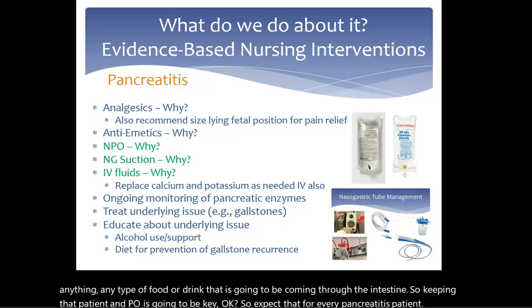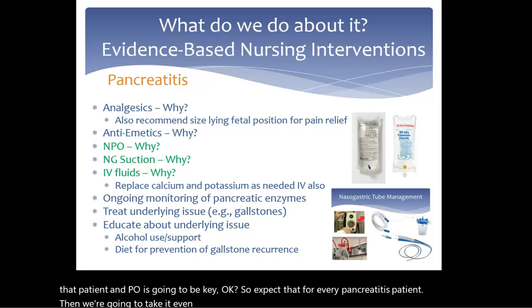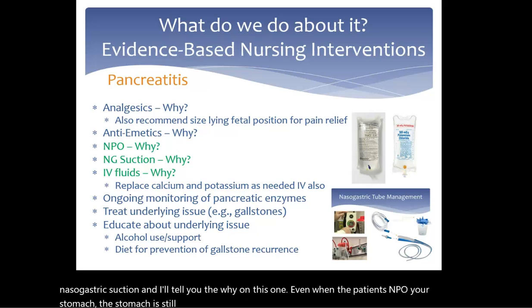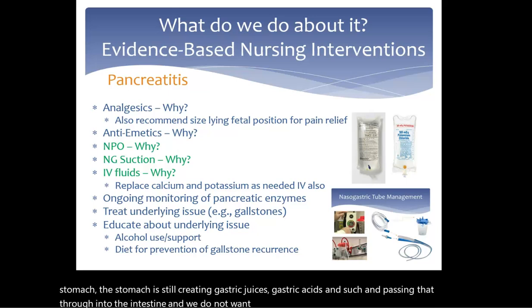Then we're going to take it even one step further, okay? We're going to place this patient on nasogastric suction, and I'll tell you the why on this one. Even when the patient's NPO, the stomach is still creating gastric juices, gastric acids and such, and passing that through into the intestine. And we do not want that pancreas to have to start working for anything, right?